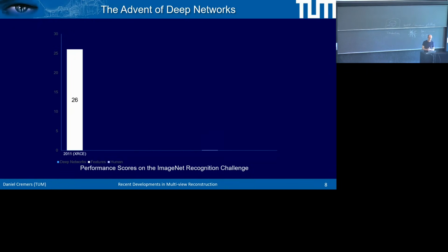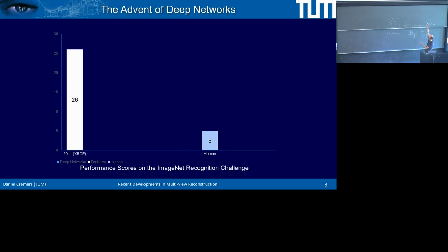And so what people did for the longest time is they put out this challenge: can you devise an algorithm that says what is the object in the image? There was a limited number of classes for the algorithm to choose from and for the human to choose from. And whereas the best algorithms in 2011 would make 26 errors on some set of data, the average human would only make 5 mistakes.